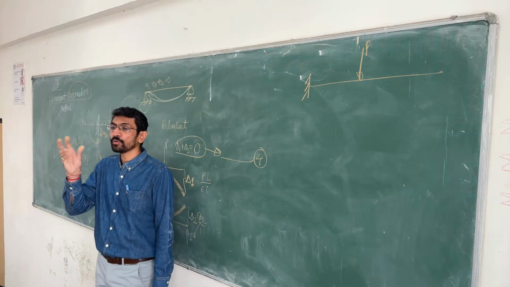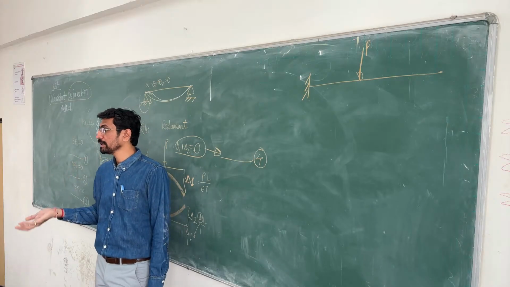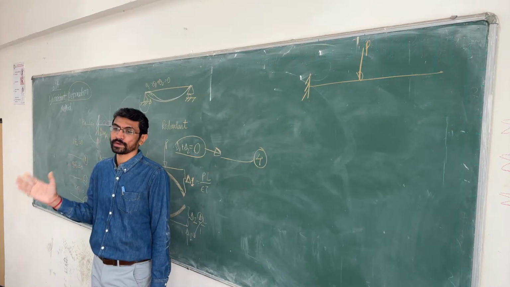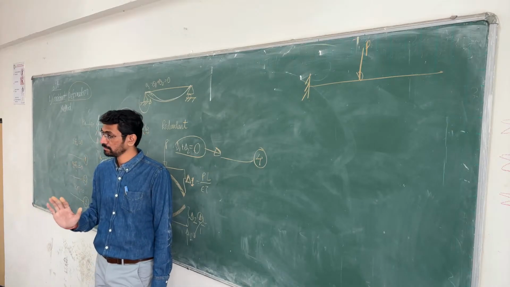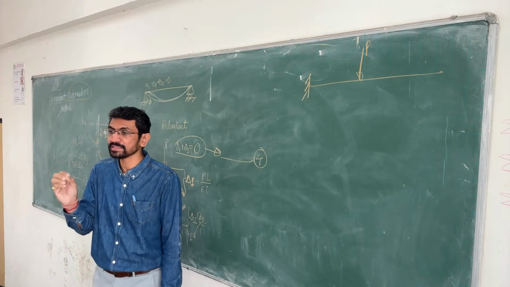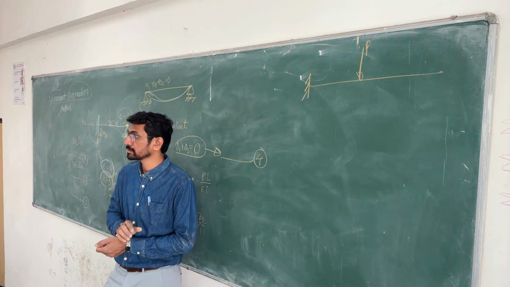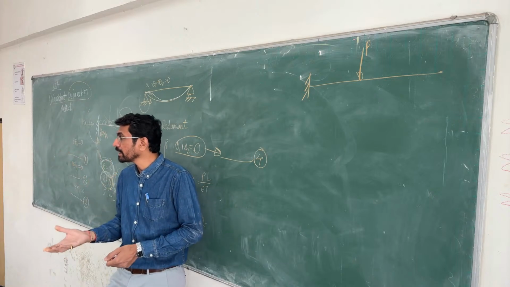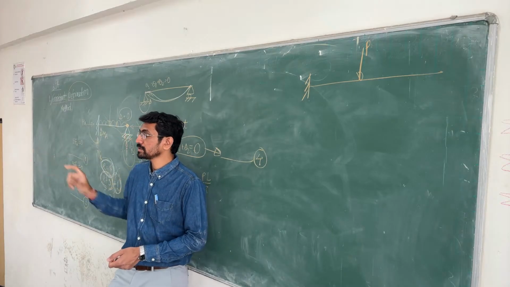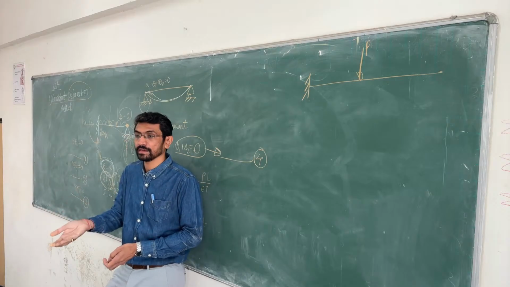So if it is moment of area, it is area into perpendicular distance. If it is moment of force, which is bending moment, it is force into perpendicular distance. Clear? So whenever we see the word moment, it means that the quantity is multiplied with perpendicular distance. So if it is moment area, it is area into perpendicular distance. Area of moment or moment of area.